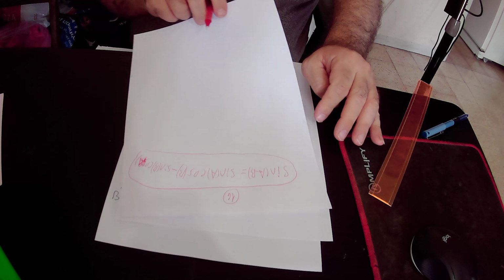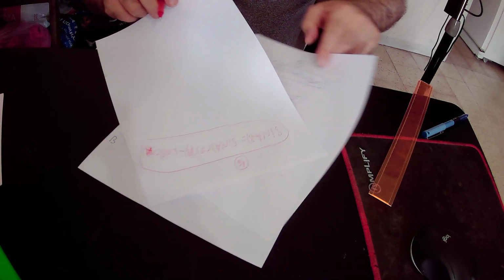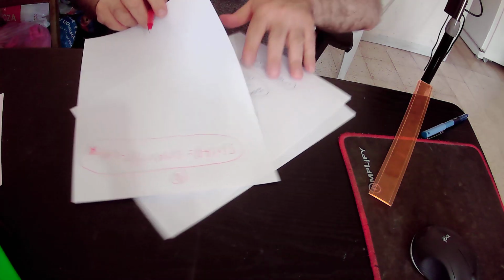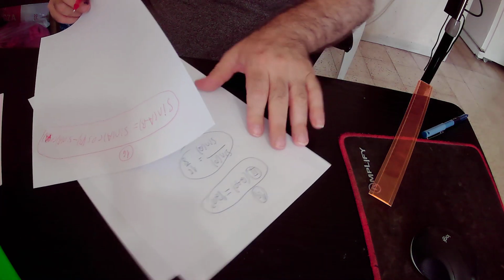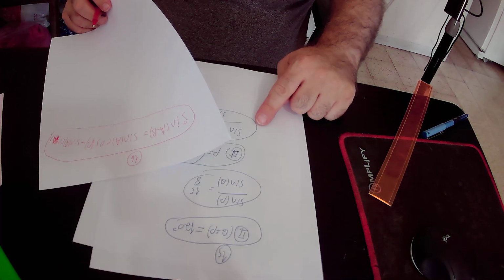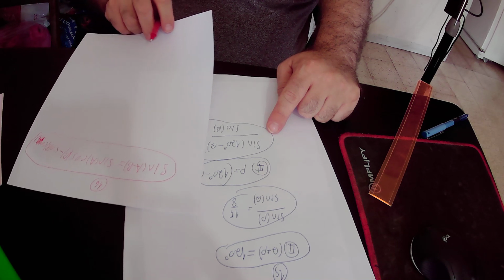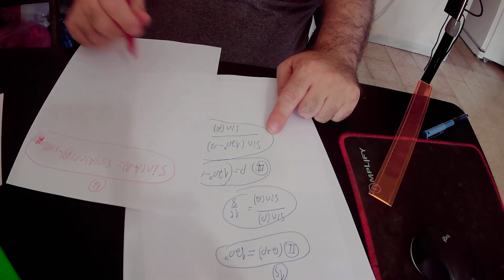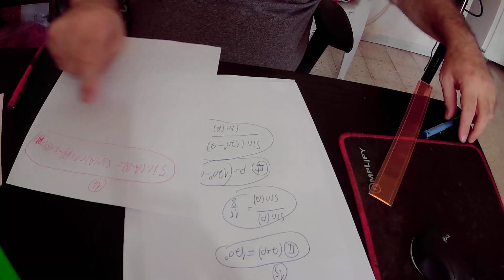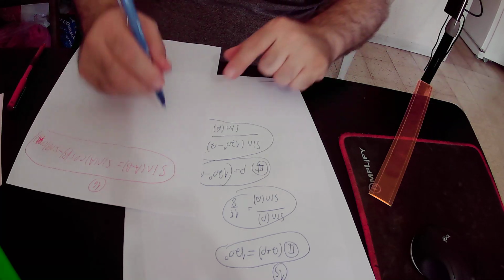So according to this, we'll find the value of sine of 120 degrees minus Q according to this trigonometric identity.